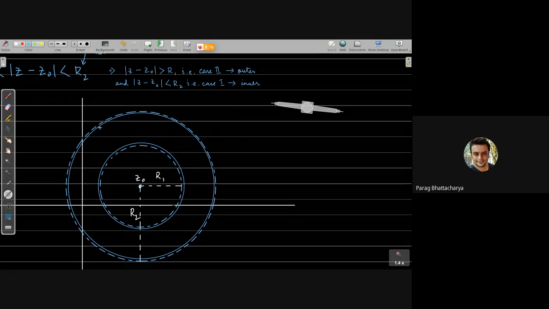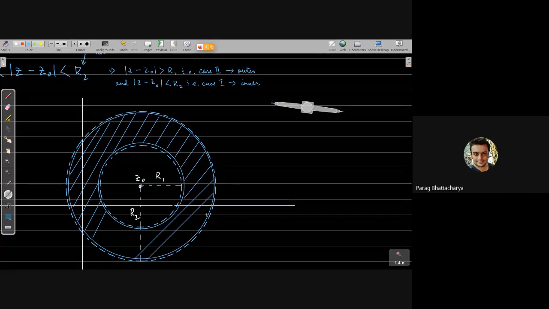That means all the points which lie inside this region, and this is known as an annulus. All the points lying inside this annular region, that's what we are talking about.